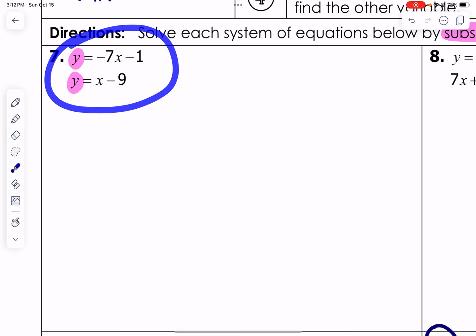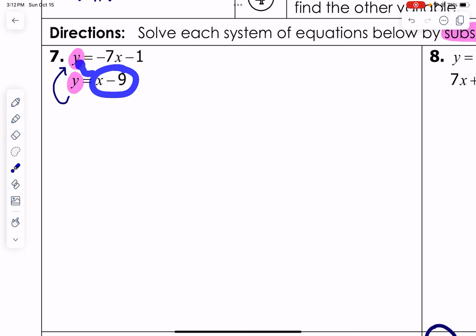Since they're already isolated, we can go ahead and try the substitution method directly. Once again, there are different ways you can approach this. What I recommend is this. Since they already give us what y is equal to, we can take this second equation and substitute in what y is equal to right here into this first equation.